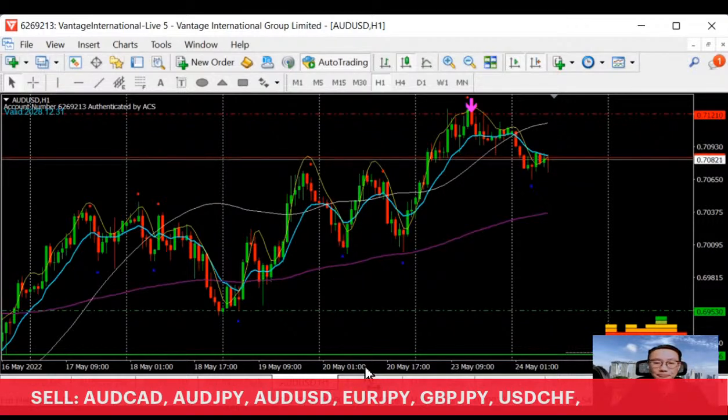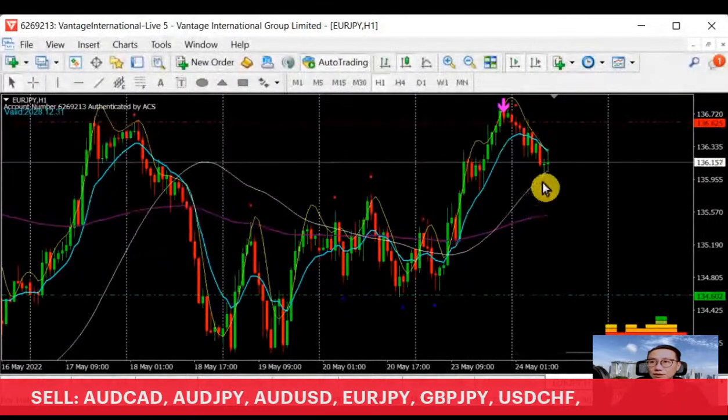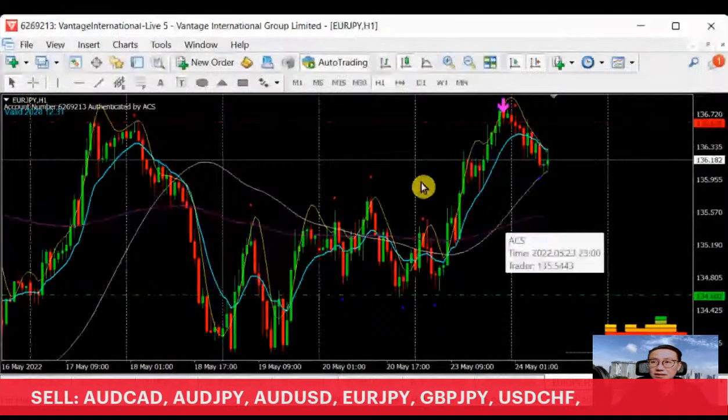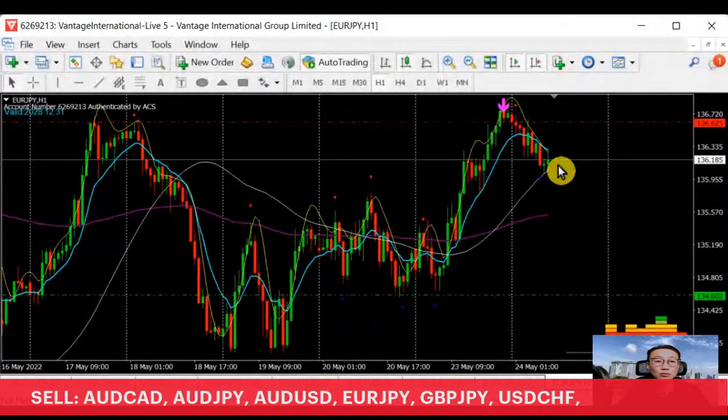And how about the euro yen current situation? As we can see, like I say, over here the white line is also my traders line, which is a moving support, along with a purple line as well. We are actually on this moving support.